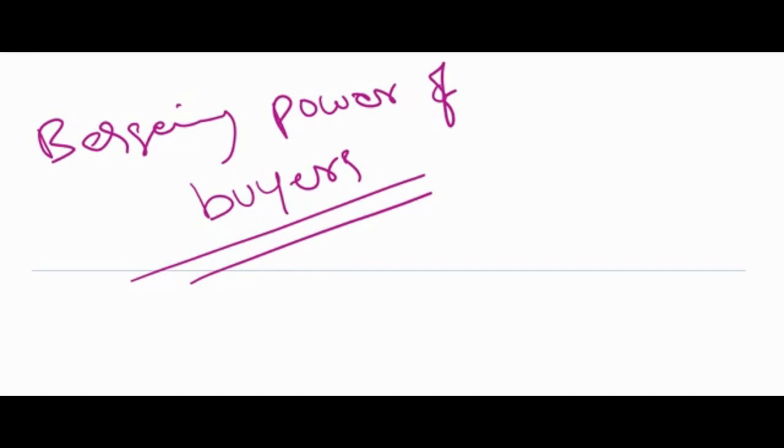Let's say you go to a vegetable market, you will go and bargain while buying any vegetable because you see a lot of alternatives around. If he is not able to give you the rate that you are asking, then you will go to some other vegetable supplier and buy. So that means you have a lot of alternate options.